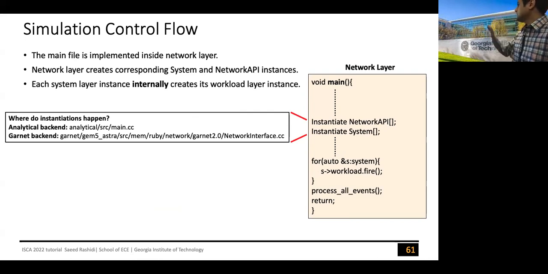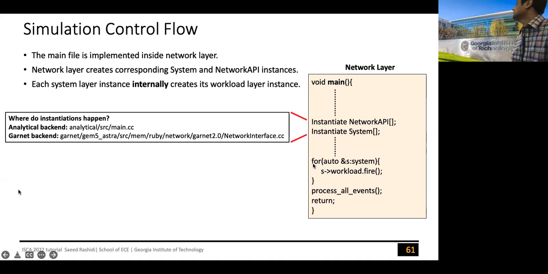So the whole flow of creating and connecting all of these pieces together is that in the network layer on the main file, you instantiate the network APIs, you instantiate the system layer, and then you glue them together, which basically happens in the constructor of the system layer. And once you glue them together, then you just initiate the workload layer of each instance.